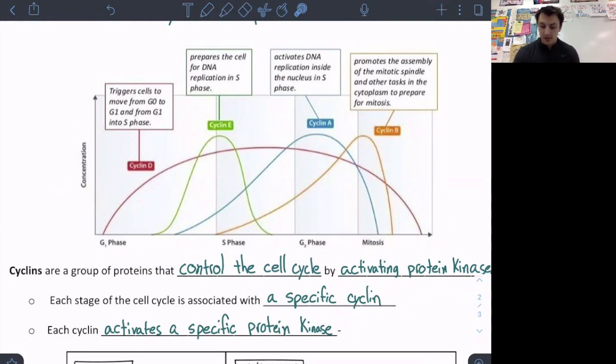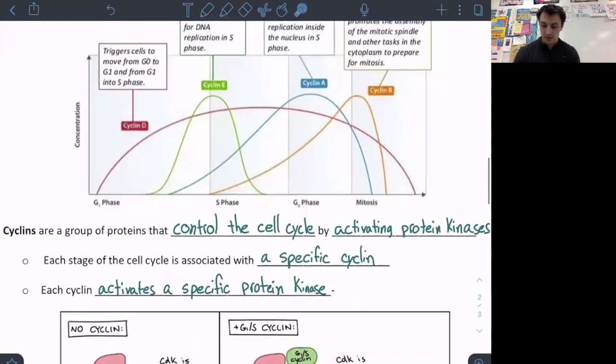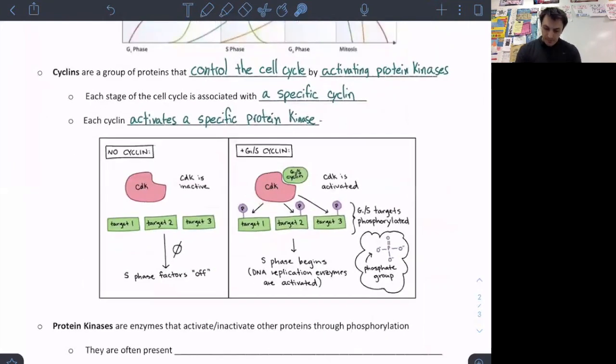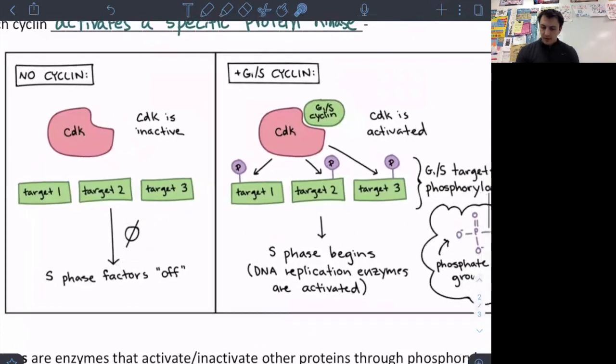We should see that the rise and fall of all these different cyclins lead to a transition from one cycle to the next. So what do we need to memorize about this? Not necessarily where each cyclin is present most, but knowing that when the cyclin is present, it's going to force the cell to move from one phase to the next. Let's take a look at our diagram.